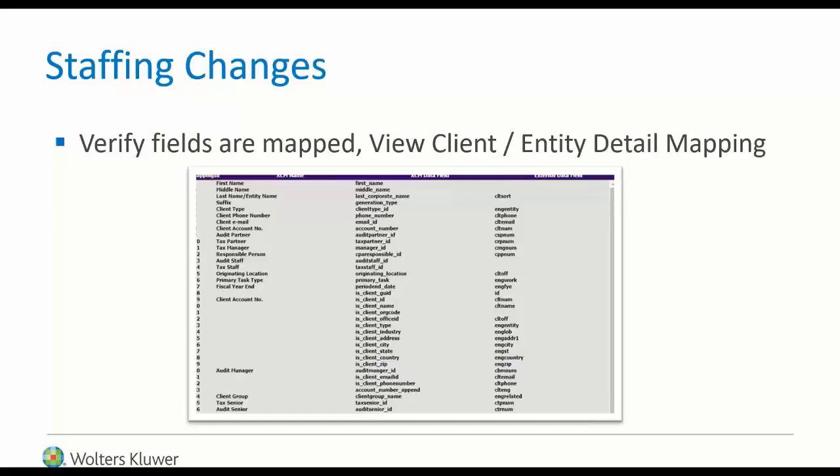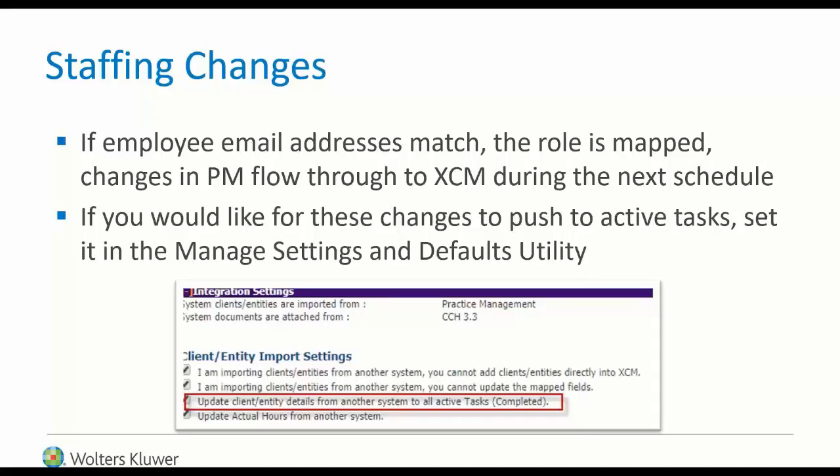And we'll be able to point you in the right direction. Now, if the fields are mapped appropriately, the names will come over into XCM and it will flow through during the next scheduled synchronization if it's an existing client. So if you're importing a brand new client, you'll notice it immediately when you go into the import or exclude utility. You'll notice that person's name in that staffing role should appear there.